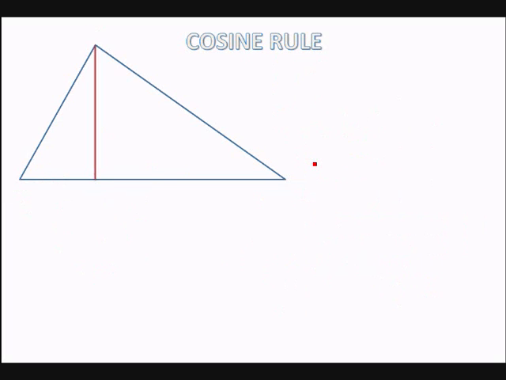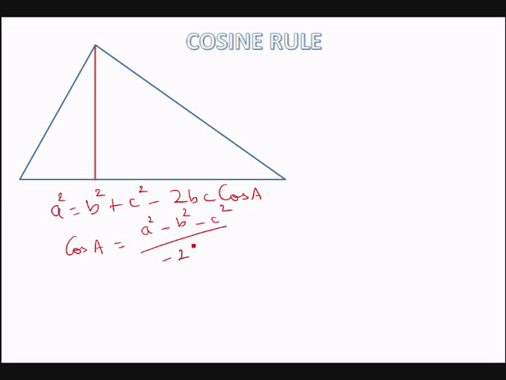We can just rearrange the rule. Say for example, let me write the rule a square is equal to b square plus c square minus 2bc cos A. I can rearrange a, b, c and make cos A the subject of the formula. Cos A will be a square minus b square minus c square over minus 2bc.